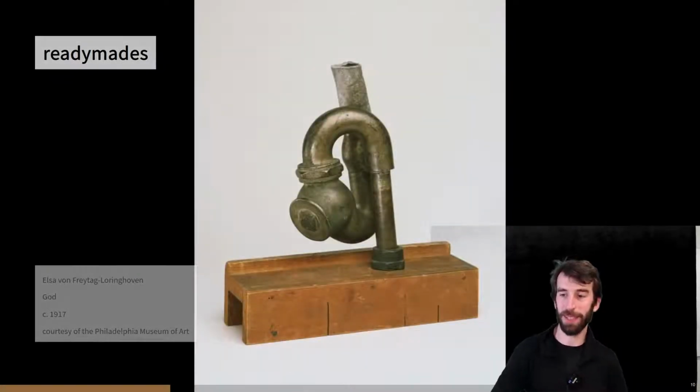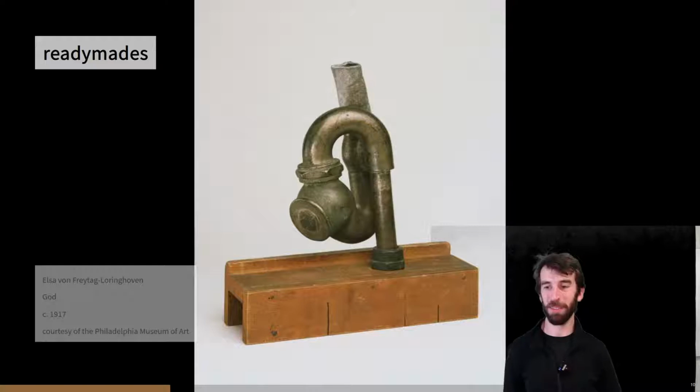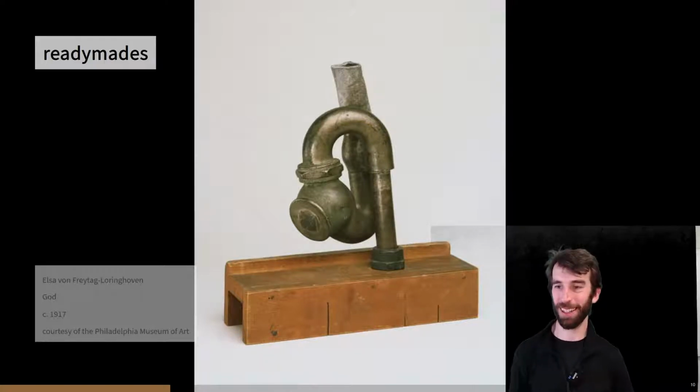Here's another ready-made example by an artist called Else von Freytag-Loringhoven. And this one's called God. Again, related to plumbing, related to the built world, kind of gross and fanciful in the way it looks. And Else von Freytag-Loringhoven was one of the people that maybe was the originator of the Fountain idea.